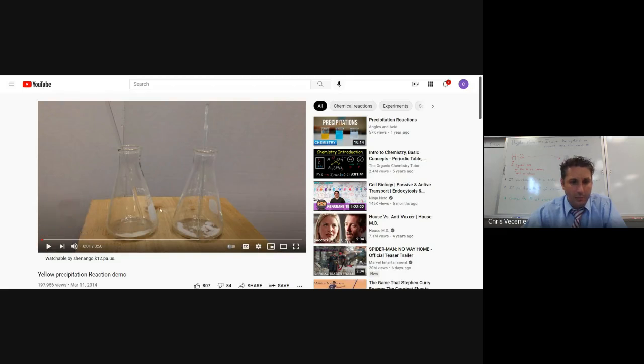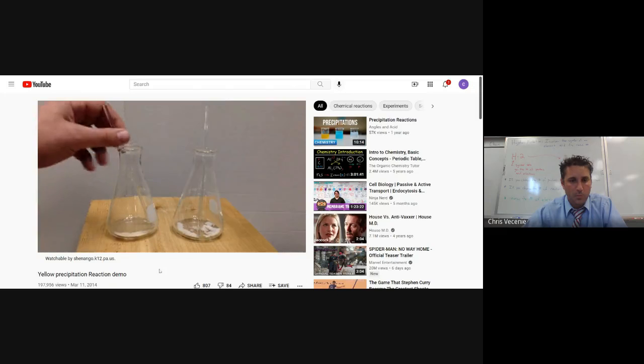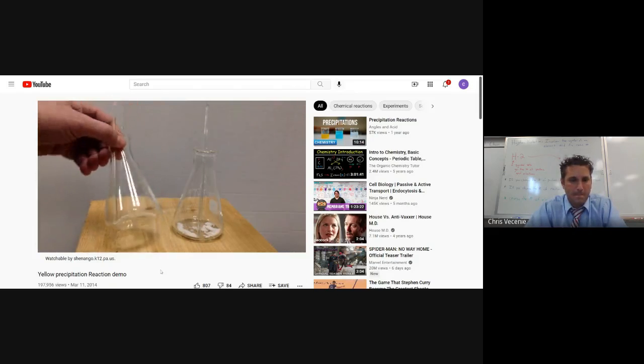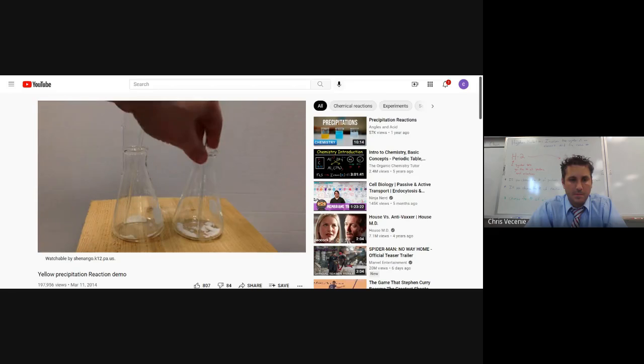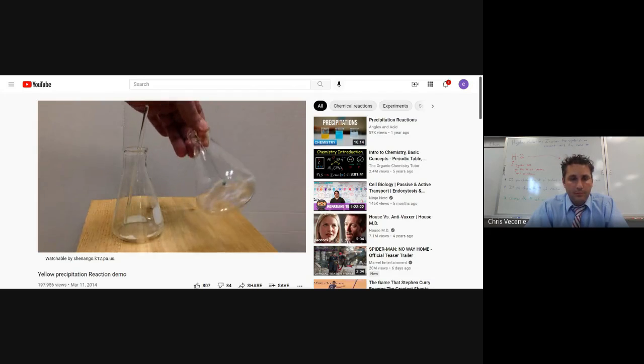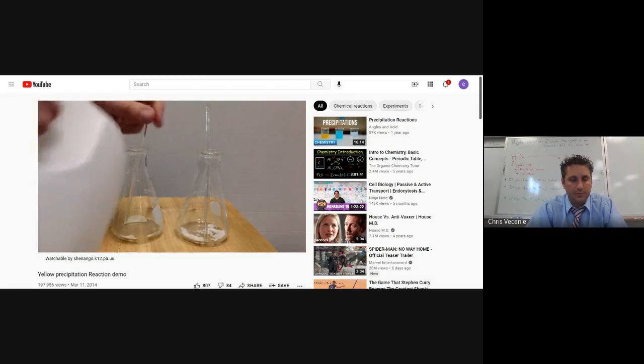That was bad technique on his part. He doesn't have those labeled. What I have here is two Erlenmeyer flasks. One has lead nitrate solid in the bottom, and one has potassium iodide solid, or salt, on the bottom. I'm going to make an aqueous solution with these. So I'm going to make aqueous lead nitrate here.